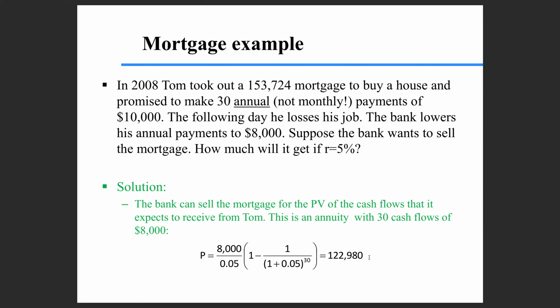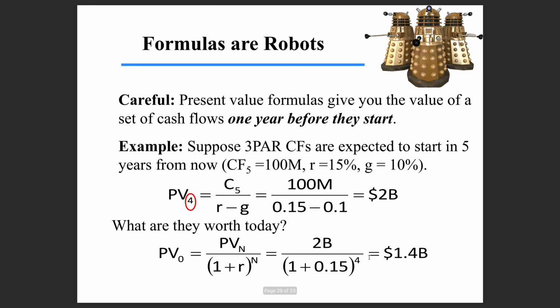Word of caution about all of these formulas. Formulas are like robots. They always do the same thing. And all these formulas, regular perpetuity, growing perpetuity, and annuity, can be used without any adjustment if you need the present value 1 year before the cash flows start.